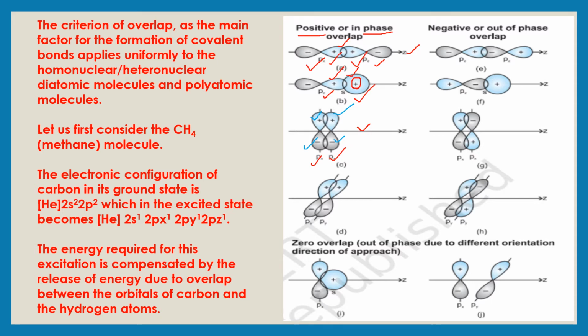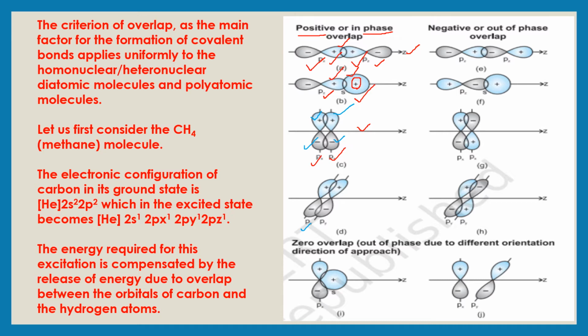The extent of overlap would be more when the orbitals are on the molecular axis. If they are perpendicular to it, it has to be a sideways overlap, which gives rise to a pi bond. So a pi bond is always weaker than a sigma bond because the extent of overlap is lesser. Same way you can show py and py.